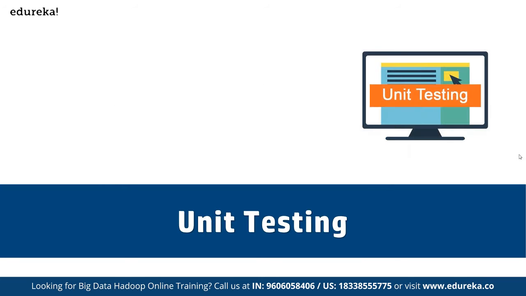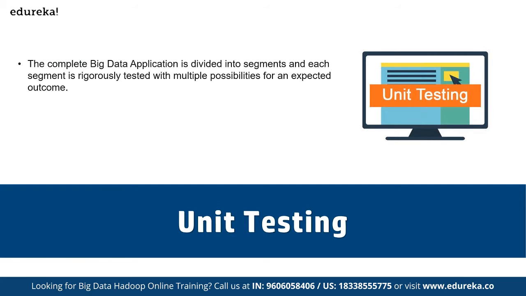Now, after that, we have multiple phases that we have to work on. Even in validation of the output, there are many categories in which a big data application can be tested. We have unit testing, functional testing, non-functional testing, performance testing, and architecture testing. First, unit testing in big data is similar to unit testing in simpler applications.